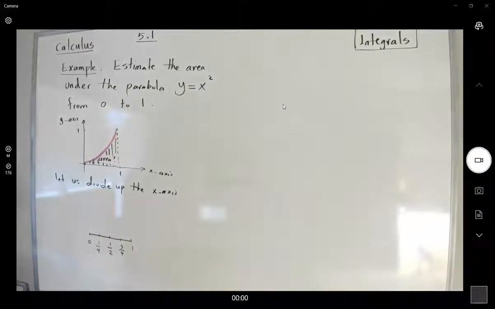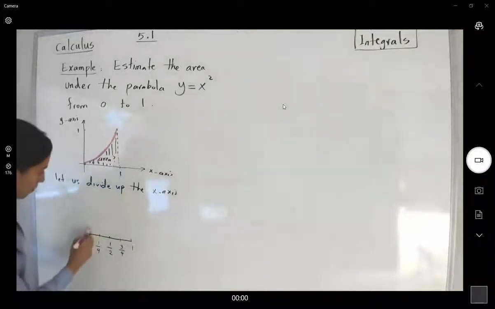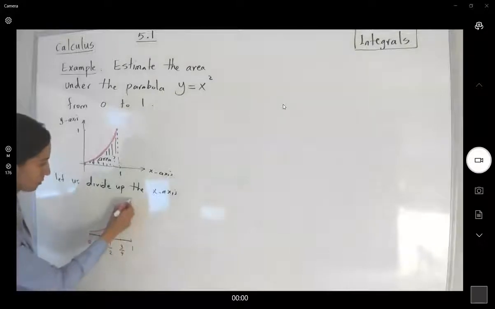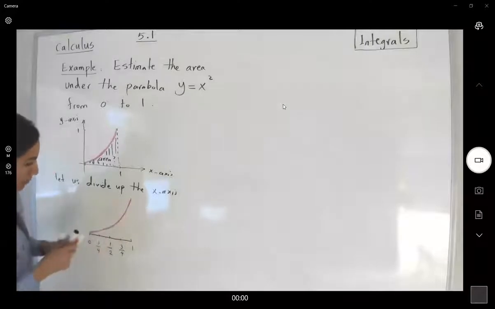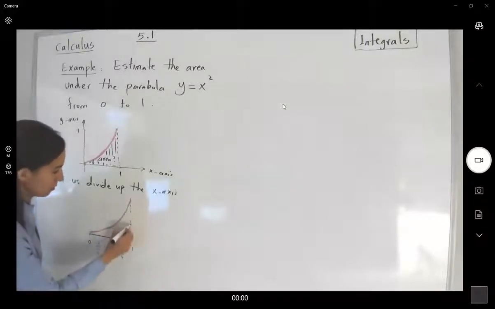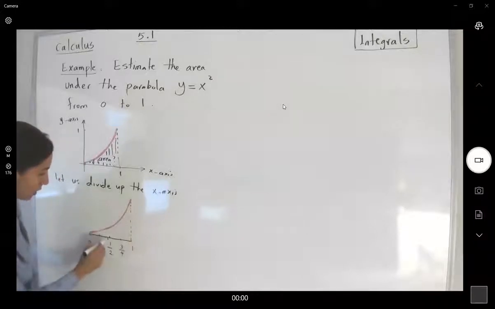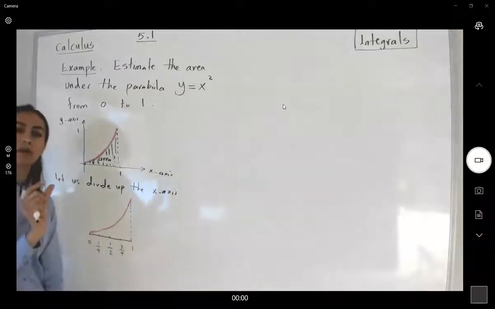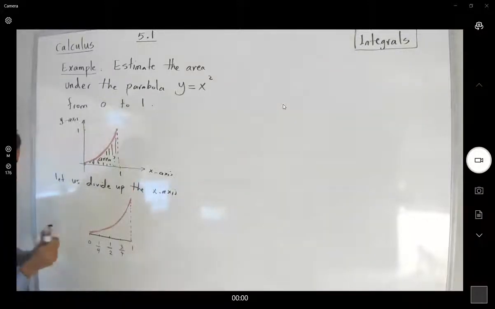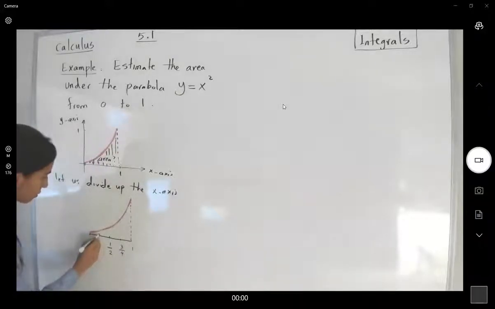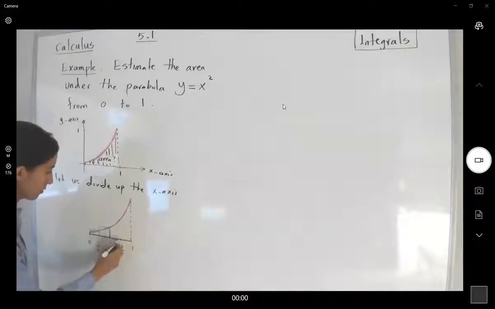So now, what do we have? This is my parabola on top of it. And then I'm going to divide these up into small rectangles. Okay, this is the first rectangle, the second rectangle, the third, and the fourth.